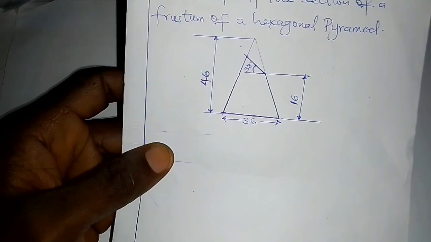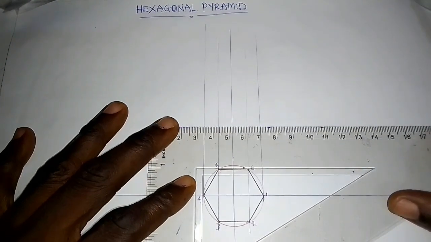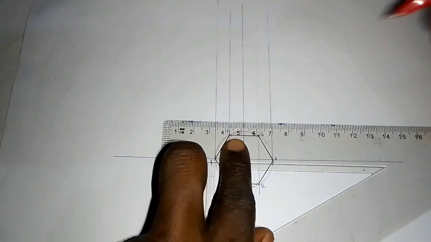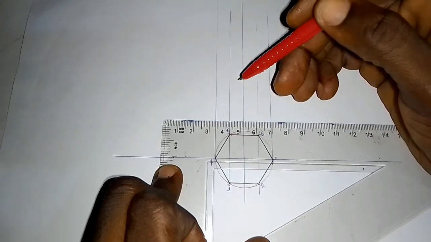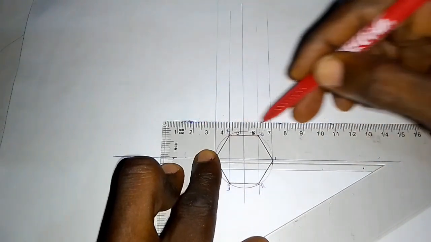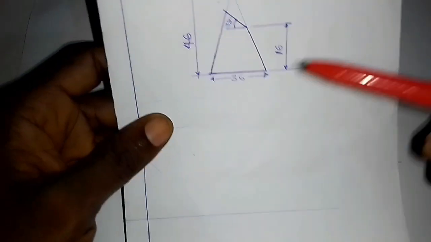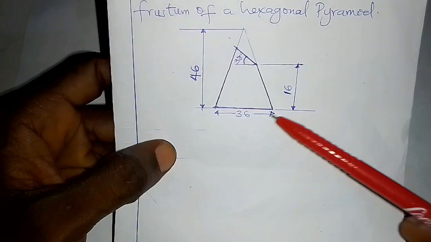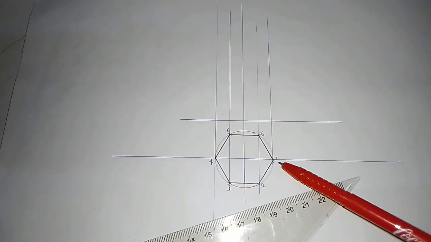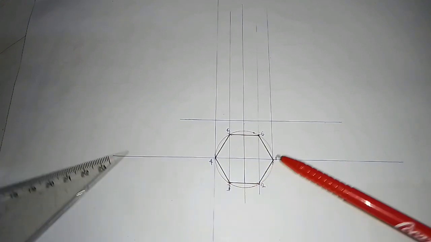So I will be drawing this triangle now. Pick it like this, any convenient distance. I will draw the base of the triangle now, which is going to be equal to 36, because the diameter of the circle we used in drawing the hexagon is 36, 3.6.